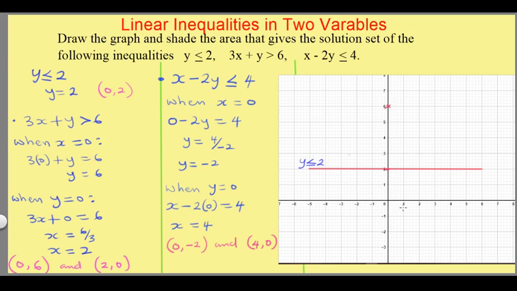And when x is 2, y is 0, this point. So this will be done using broken line. Let's try to use broken line for that.